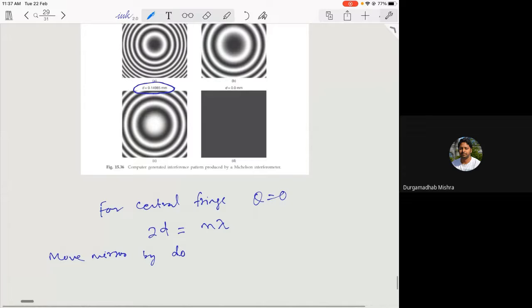You can calculate how many fringes are collapsing into the central fringe by using a microscope that has a micrometer scale. So let's say n fringes collapse to the center.